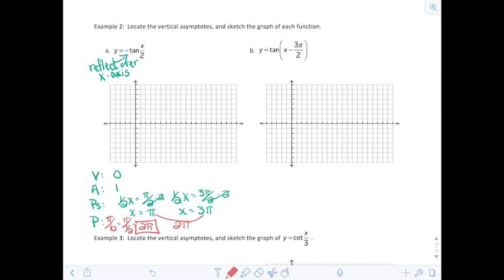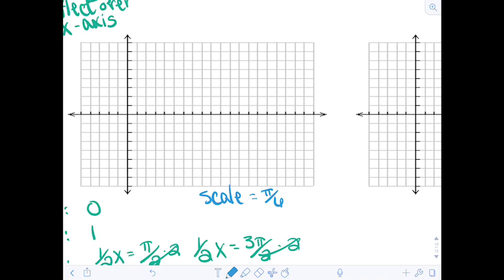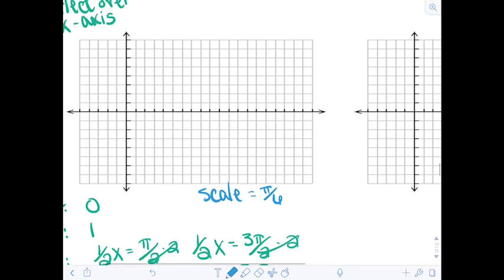So the first asymptote that I'm going to make will be at pi, and for this one I use a scale of pi over 6. So as we begin to count, 1 pi over 6, 2 pi over 6, 3 pi over 6, or pi over 2. So 30, 60, 90.